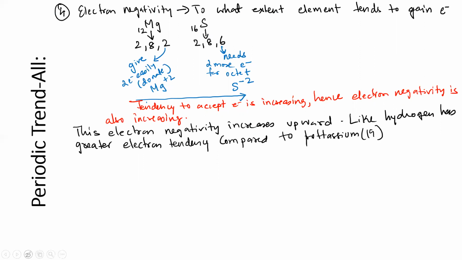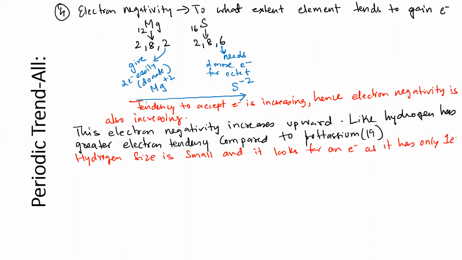Now, why is this so? Why does hydrogen have a greater electronegativity compared to potassium? That's because hydrogen's size is very small, and it looks for an electron as it has only one electron.